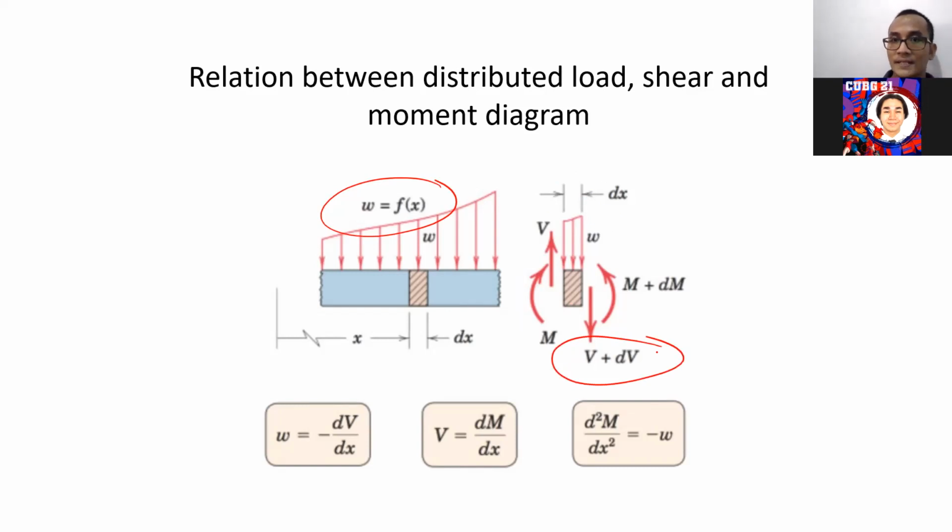On the right side, the moment will also be slightly different from the left side because of W, so there will be M plus dM, where dM is the delta internal moment and M is the internal moment.